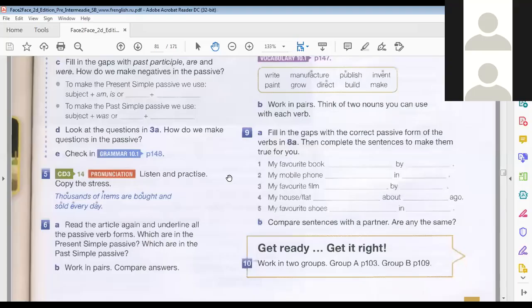Thousands of items are bought and sold every day. Beatles memorabilia is collected by fans all over the world. This glove was worn by Michael Jackson.